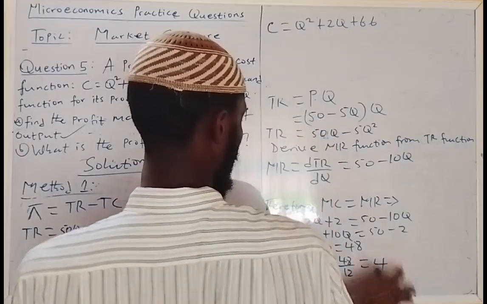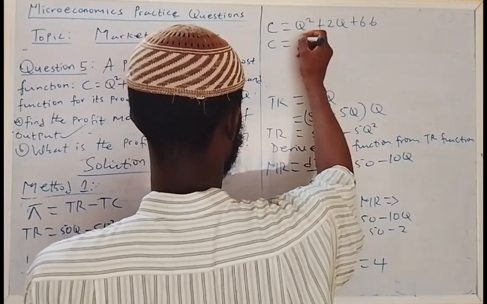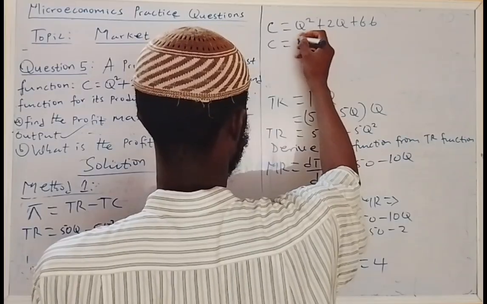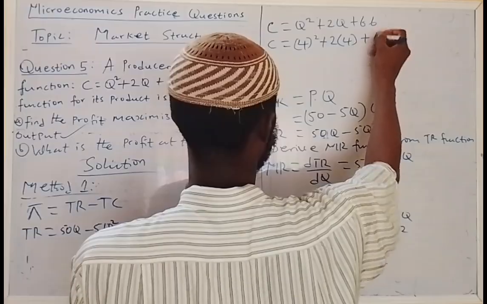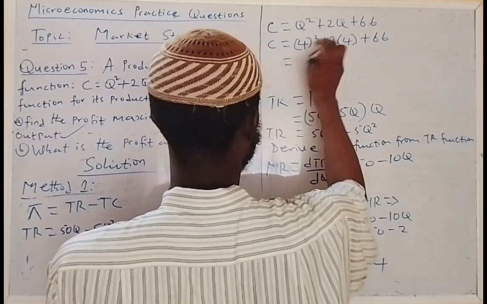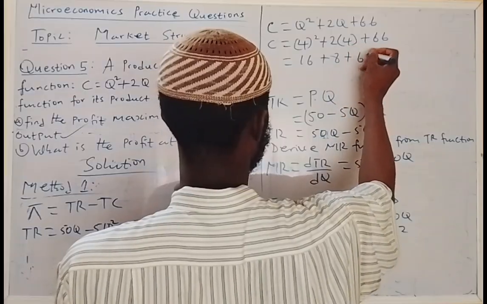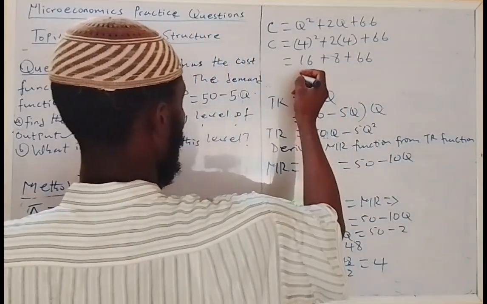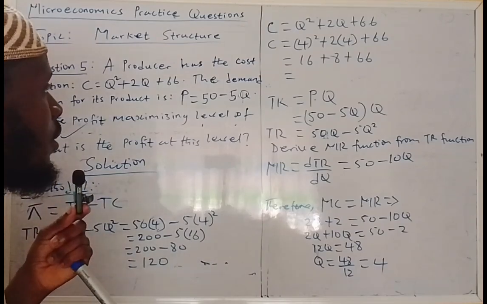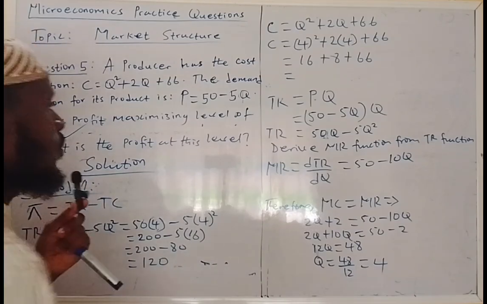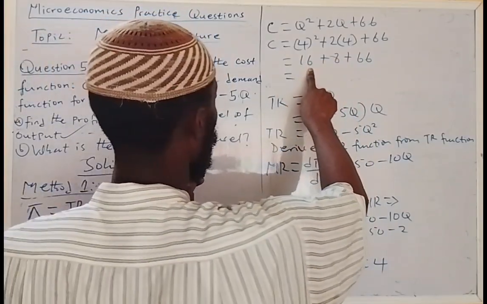Then when we plug in the value, which is 4, we have TC equals 4 squared plus 2 times 4, then plus 66. 4 squared is 16, plus 8, then plus 66. 16 plus 8 is 24.